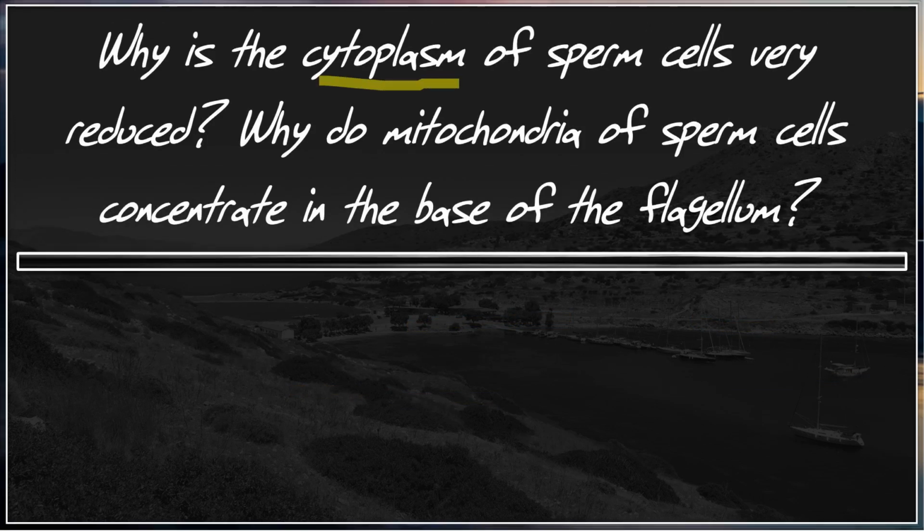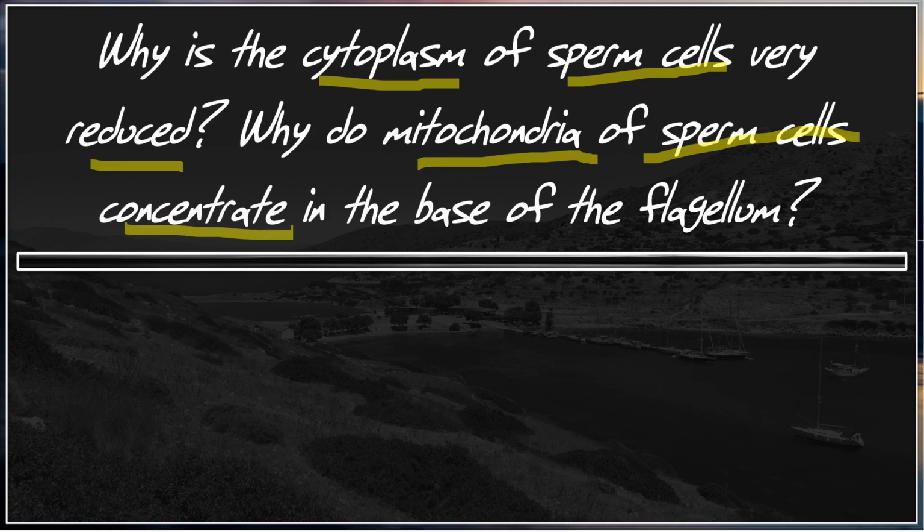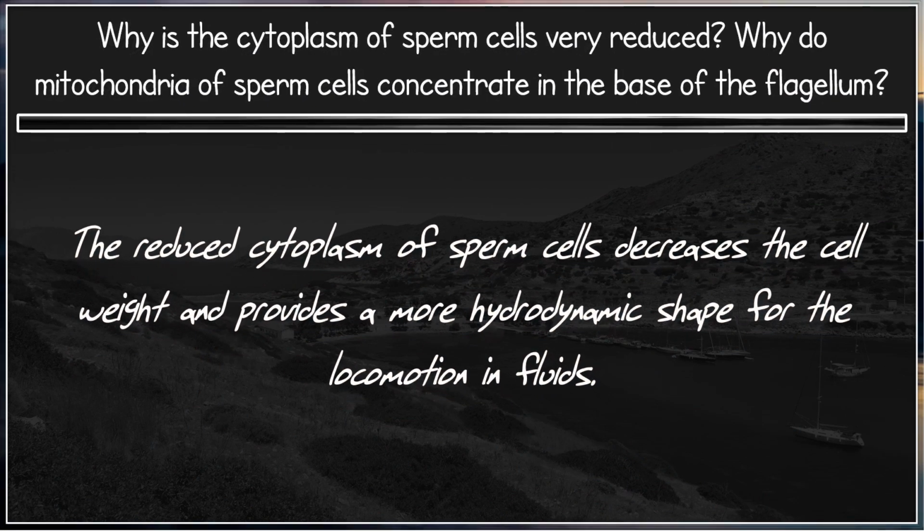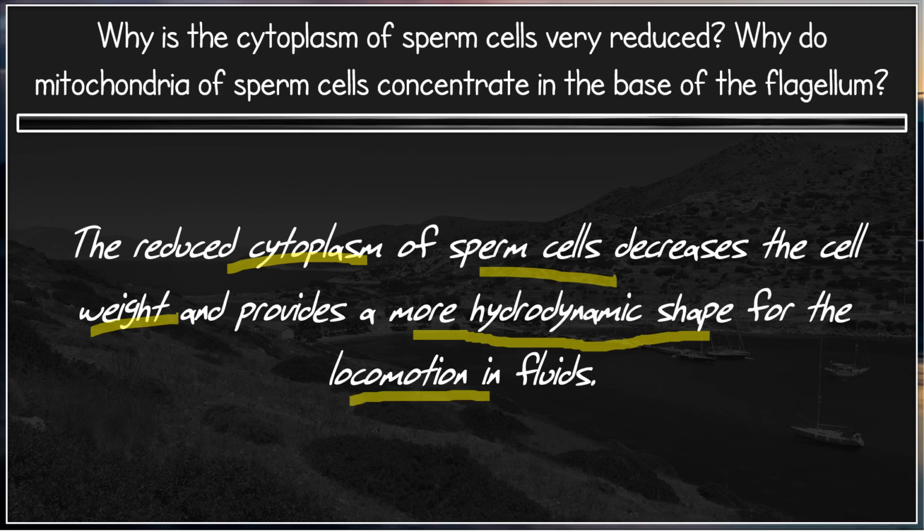Why is the cytoplasm of the sperm cell very reduced? Why do mitochondria of sperm cells concentrate at the base of the flagellum? The reduced cytoplasm of the sperm cell decreases the cell weight and provides a more hydrodynamic shape for locomotion in fluids.